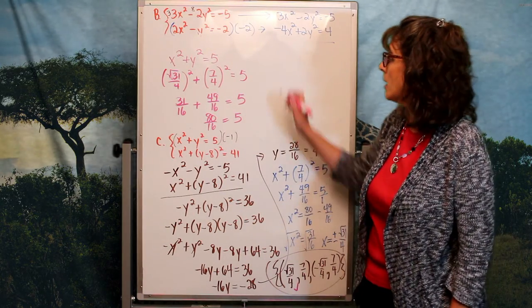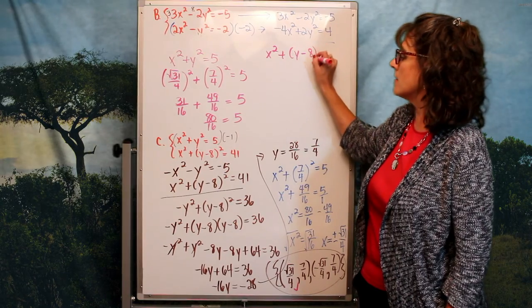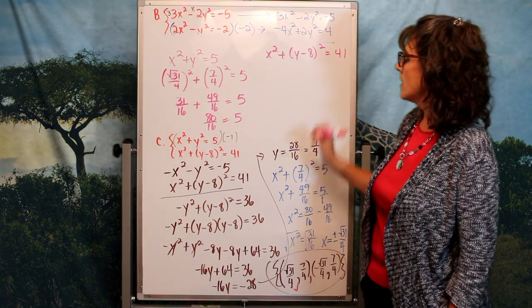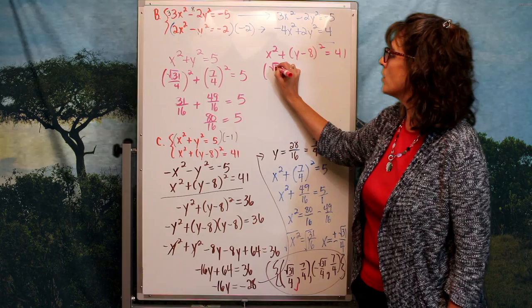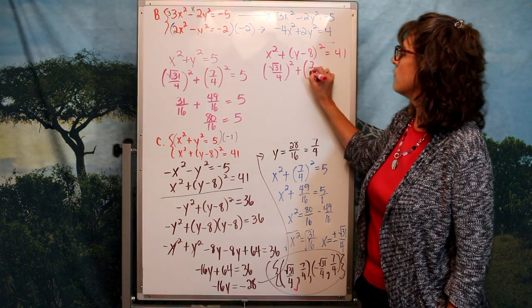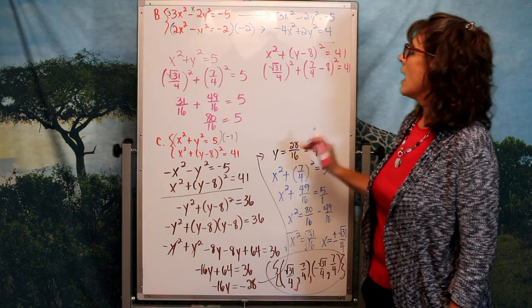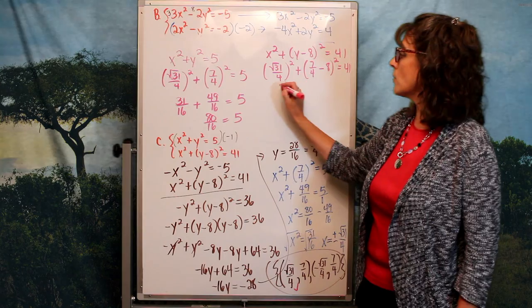I need to check it in the bottom equation, in my x squared plus y minus 8 squared equals 41. So here again, I'm going to put my square root of 31 over 4 here, and my 7/4 here for the y. And here again, the squaring and the square rooting will cancel each other out.